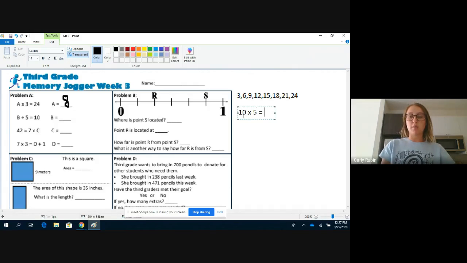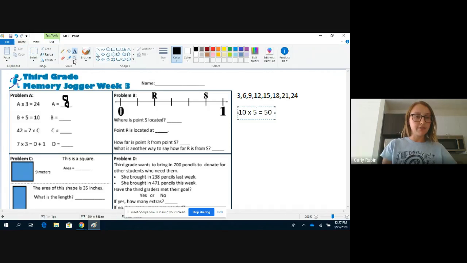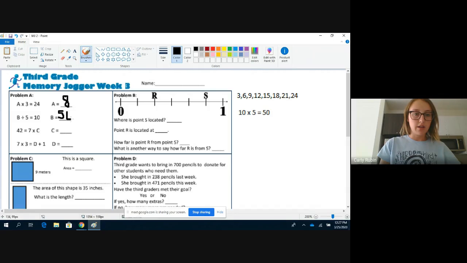And we know that when we are multiplying by something with a 0, we can take that 1 times 5, which gives us 5, and then add our 0. So B would equal 50. Five, 0, 50.